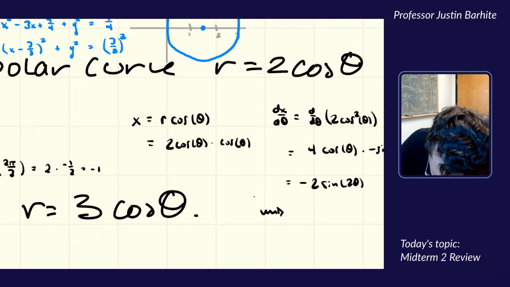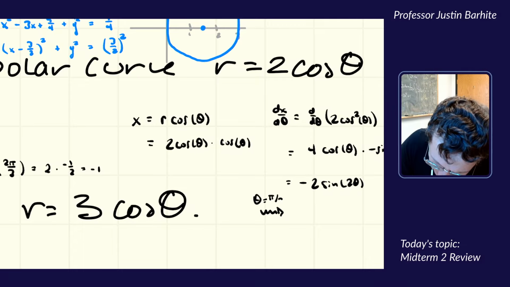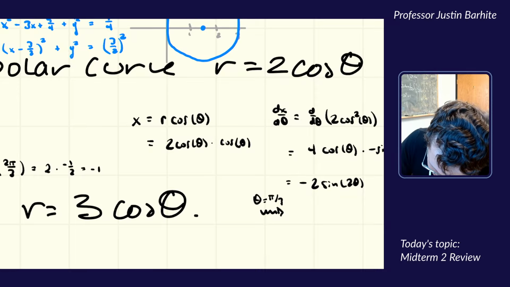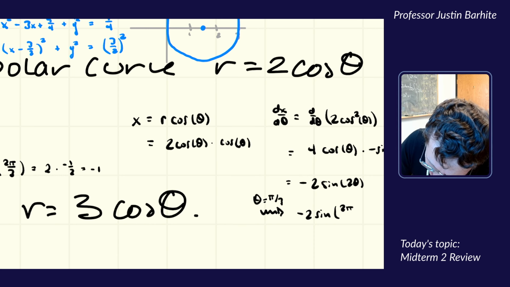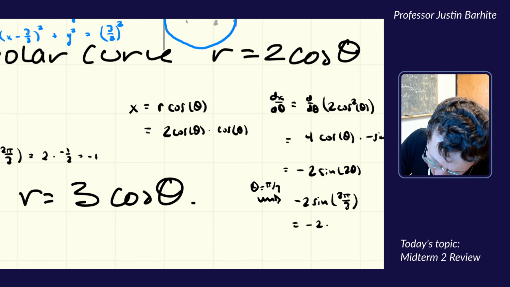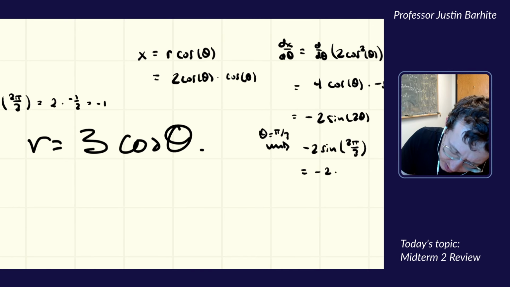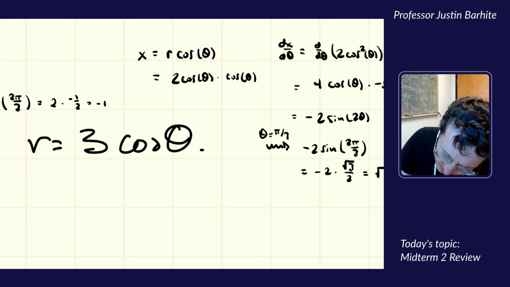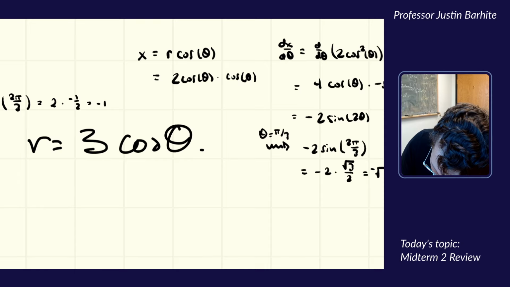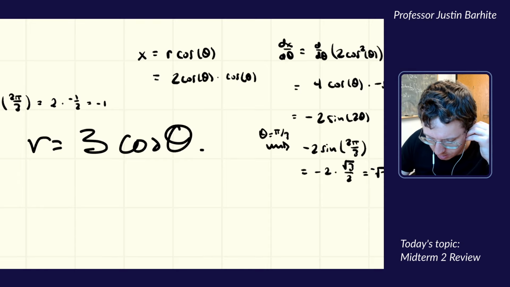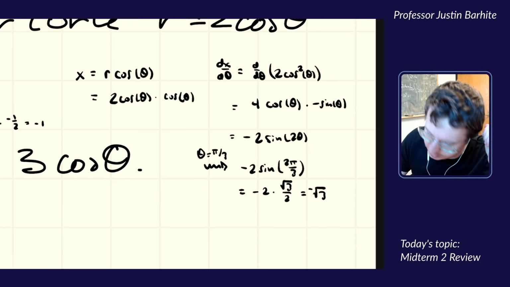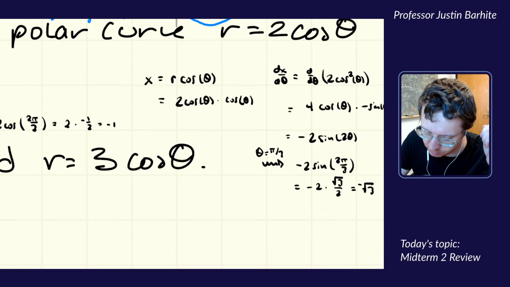And when theta is pi over 3, this is going to come out to minus 2 times the sine of 2 pi over 3. Sine of 2 pi over 3 is root 3 over 2. So overall, this is minus root 3. Oh, sorry, that's off the screen again.